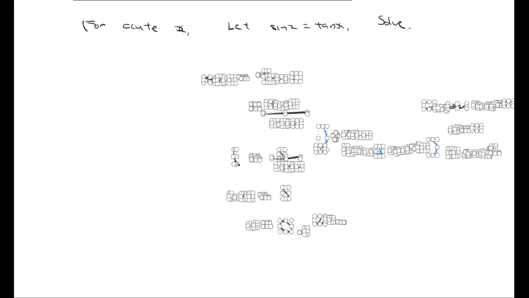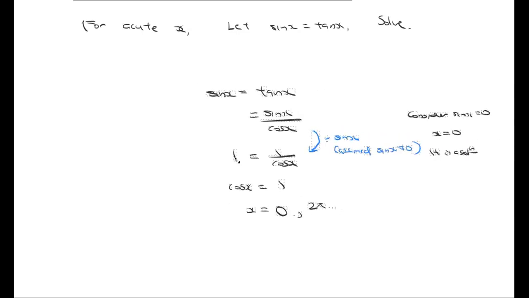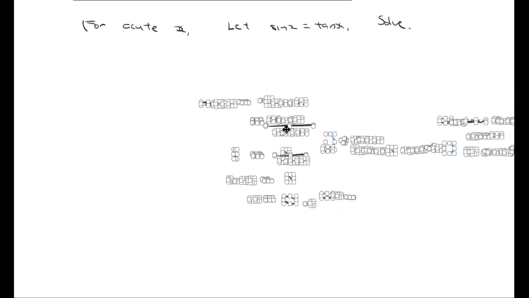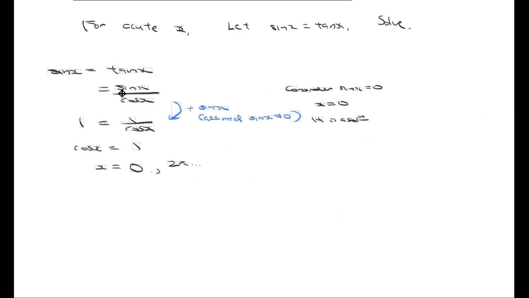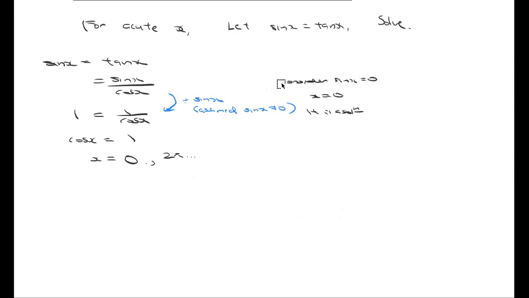I would very rarely recommend it, because you have to worry about this. So I would recommend instead, and this doesn't just apply to trig, it applies to all your equations, that we do sin x equals tan x.